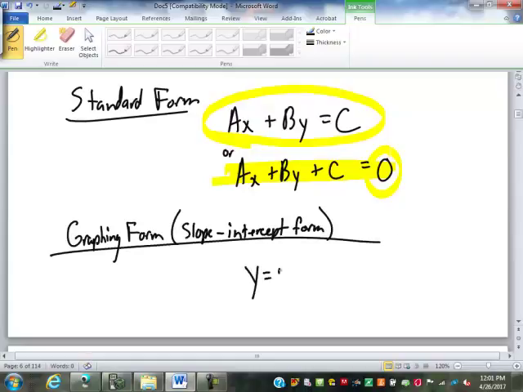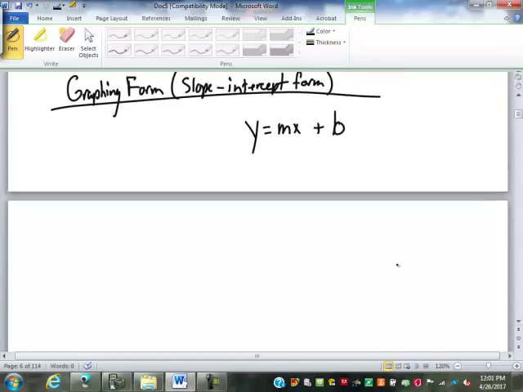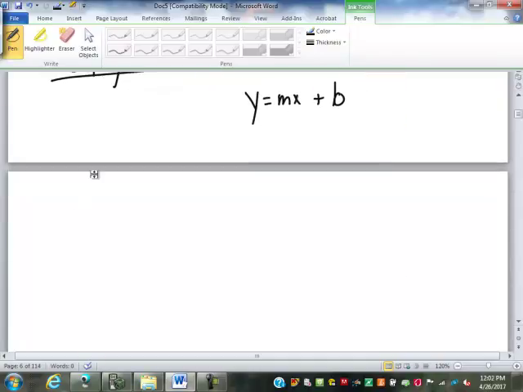Y equals a slope times x plus y-intercept. Well, there is another form that is kind of useful in those situations, and it is called point slope form.